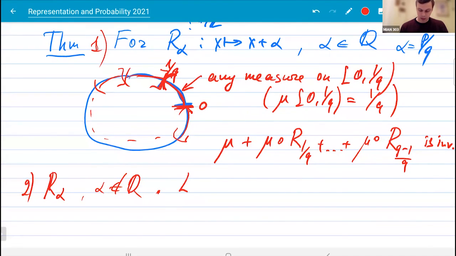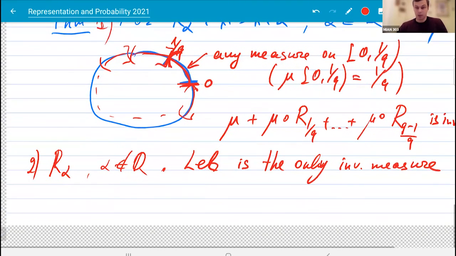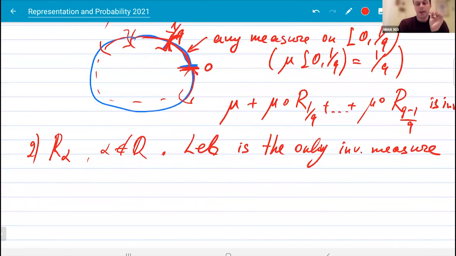In this case, the Lebesgue measure is the only invariant measure.